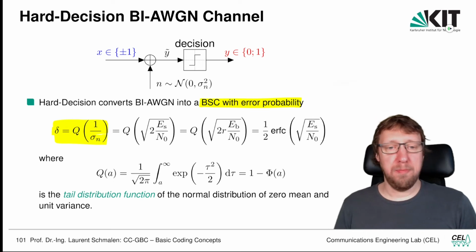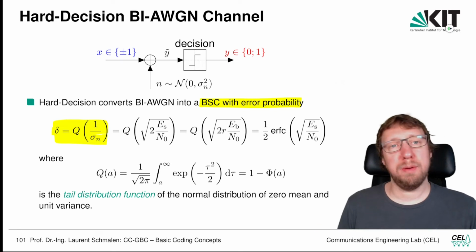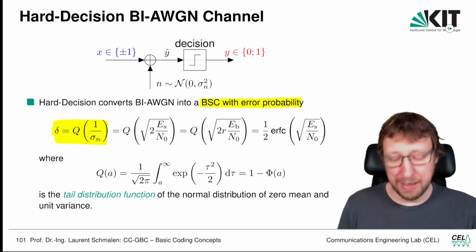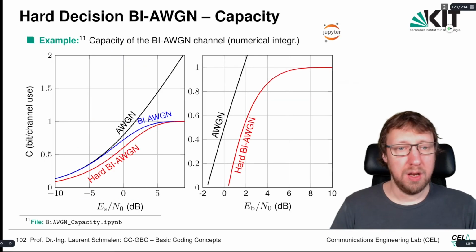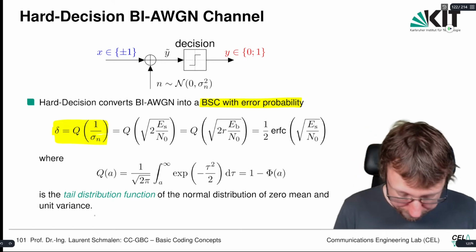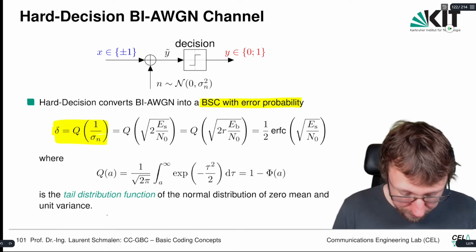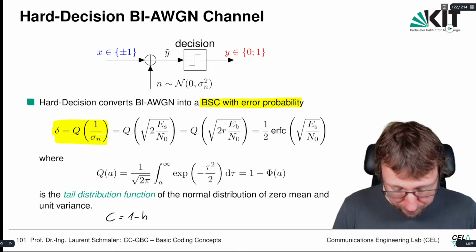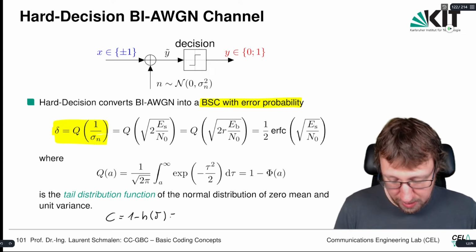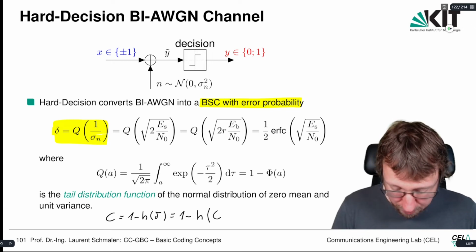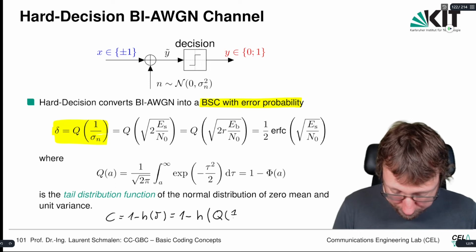And using the Q function or the complementary error function and delta, we can now calculate the capacity, because we know that the capacity C is equal to 1 minus the binary entropy function of delta. So it's 1 minus the binary entropy function of Q of 1 over sigma n.